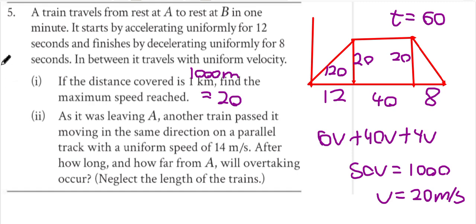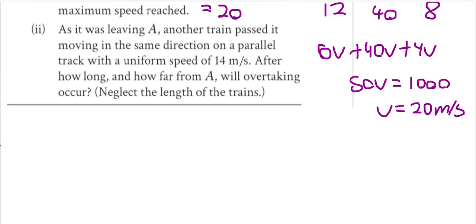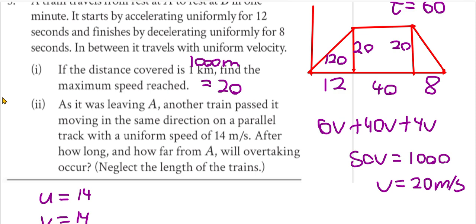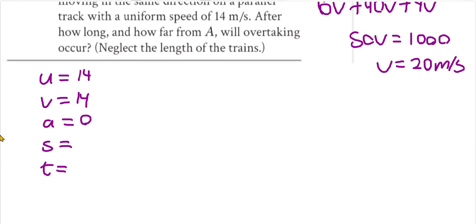I'm going to experiment with this train here. Uniform speed: u is 14, v is 14, a is 0, s is unknown. How long did it take us to get out of the acceleration phase? It took 12 seconds, so I'm going to put 12 in here. Now I'm going to find the distance covered.